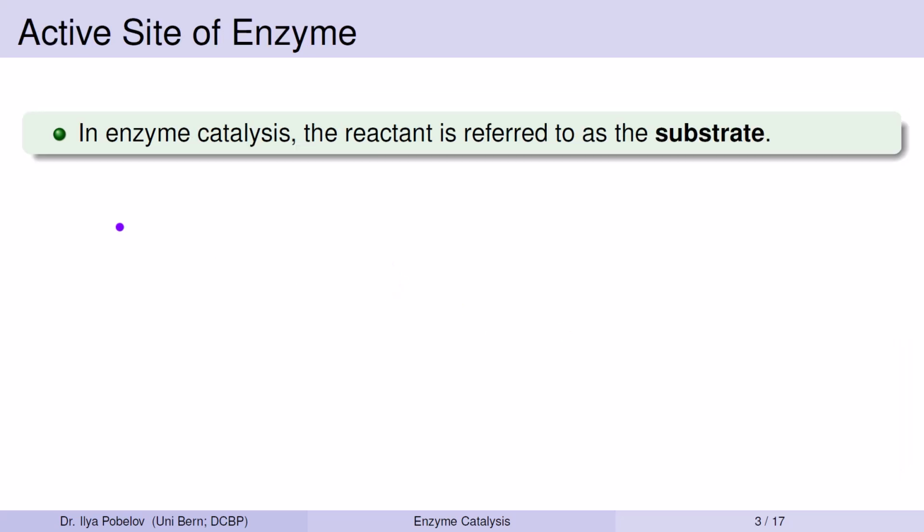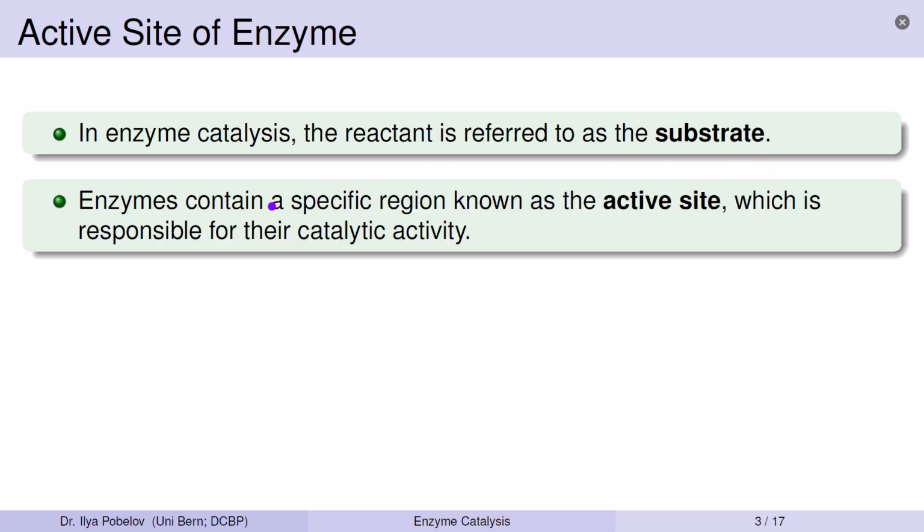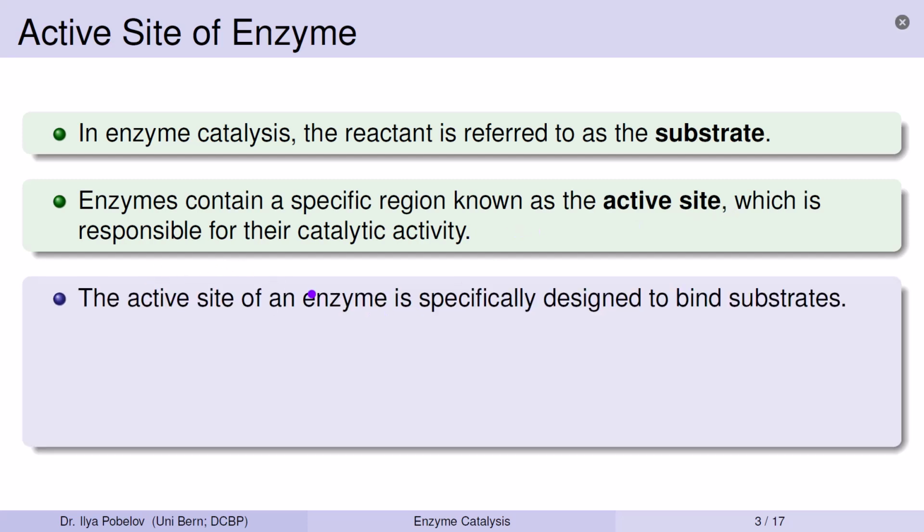In enzyme catalysis, the reactant is referred to as the substrate. Enzymes contain a specific region known as the active site, which is responsible for their catalytic activity. The active site of an enzyme is specifically designed to bind substrates, facilitating their conversion into products.